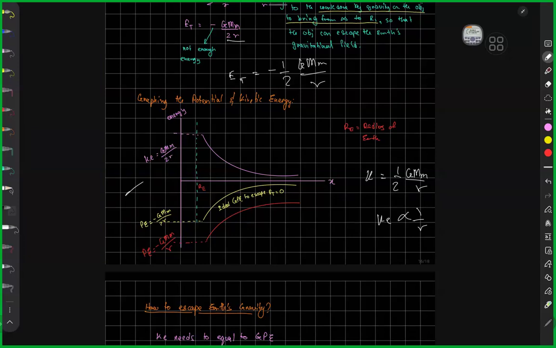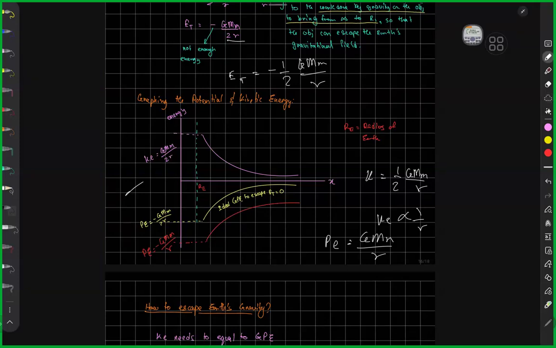While there's a half in front of kinetic energy, there's no half in front of potential energy. So it is twice the magnitude of kinetic energy, but on the negative side. So notice how this thing is displaced on the negative side. Okay, this is the potential energy.